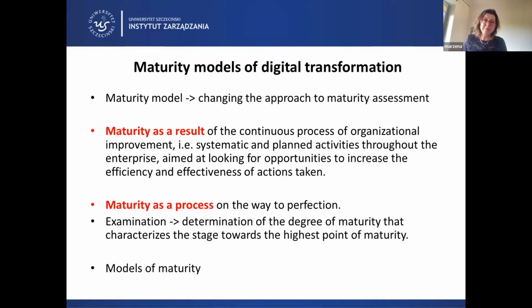Today, the maturity model is a model of the process, the way to achieve some level of perfection. Several years ago, the maturity model was to assess where you are and whether you are the best or not. Today, it is to define where you are and what you should do to achieve the reference model. Okay, next slide, please.